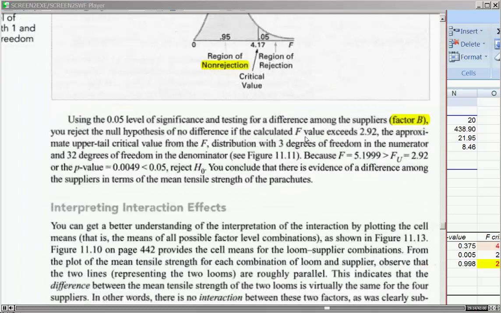If the calculated F value exceeds 2.92, the approximate upper tail critical value from the F distribution with 3 degrees of freedom in the numerator, that's 4 minus 1 obviously, and 32 degrees of freedom, 40 minus 8, in the denominator. See figure 11.11.